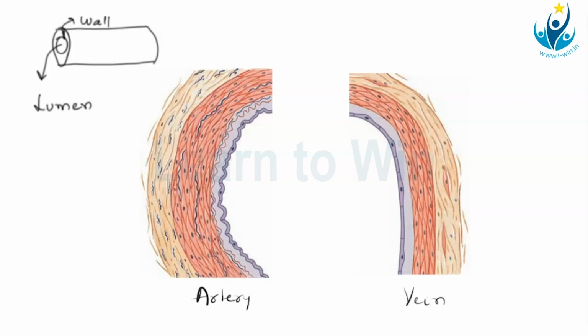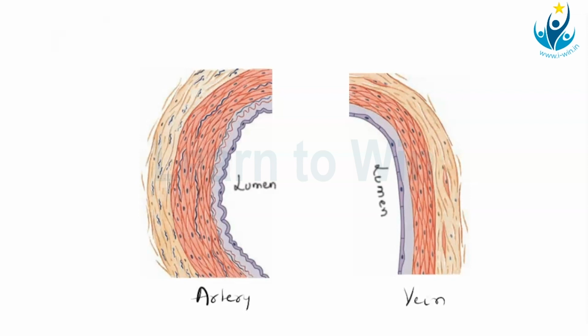Now let me just remove this diagram. This part will be the lumen, and I'll write it here, the lumen. Now these together are the wall layers.